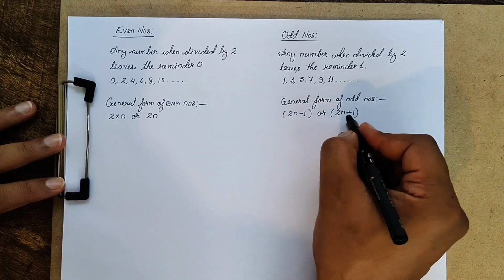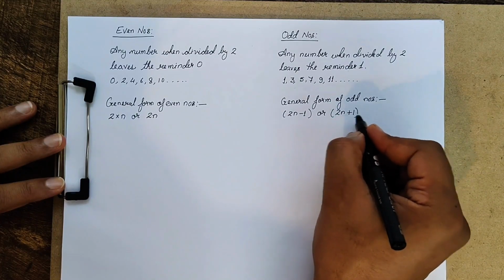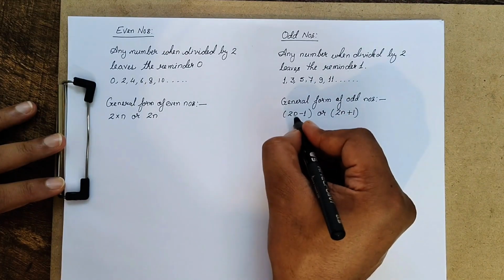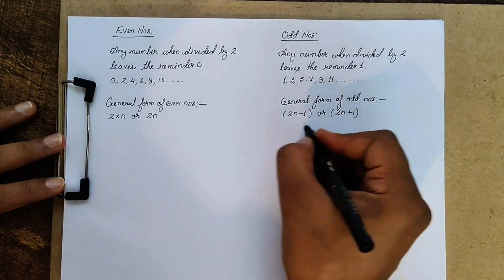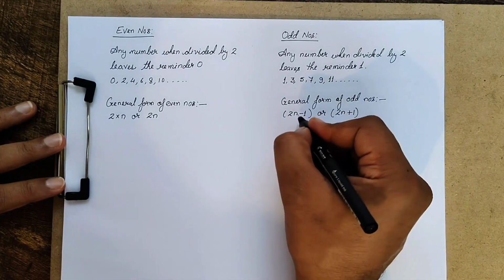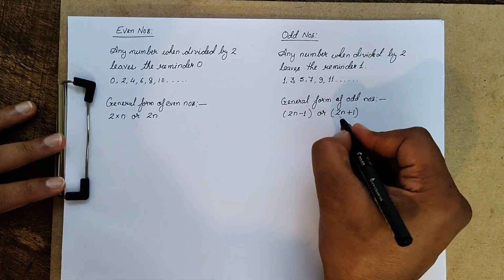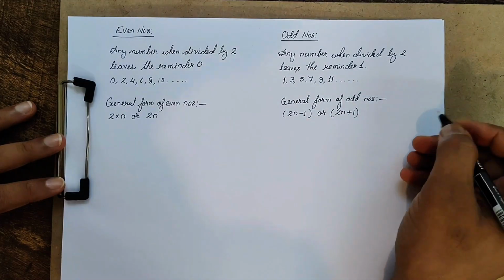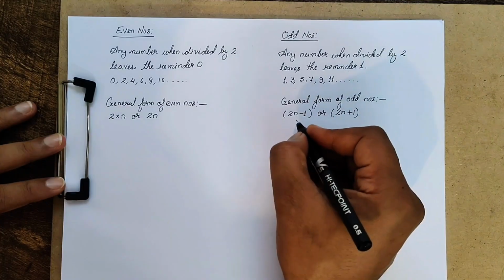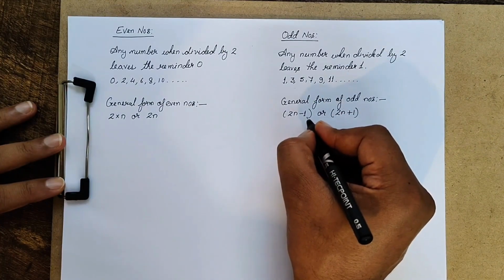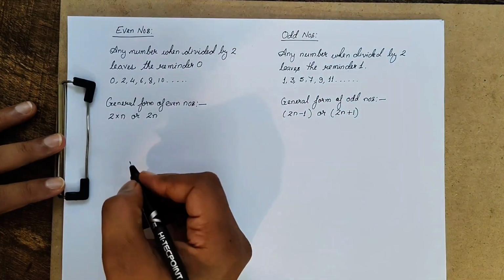If we substitute n with 1, here we get 3. But here we get 1. If we substitute n with 2, here we get 3, here we get 5 and so on. So we can clearly say that the general form of an odd number is either 2n minus 1 or 2n plus 1.